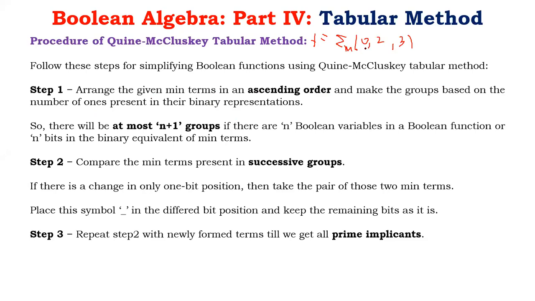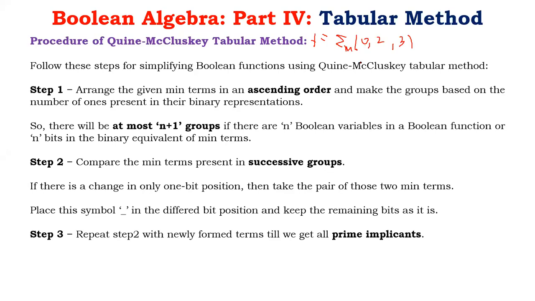Here in the example, 0, 2 and 3 are the min terms. Depending upon the number of ones in the binary representation of the min terms, we make separate groups. Suppose this is group A0, where no one is present, that is 0.